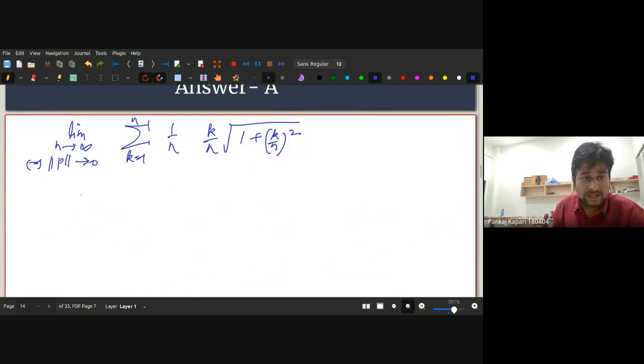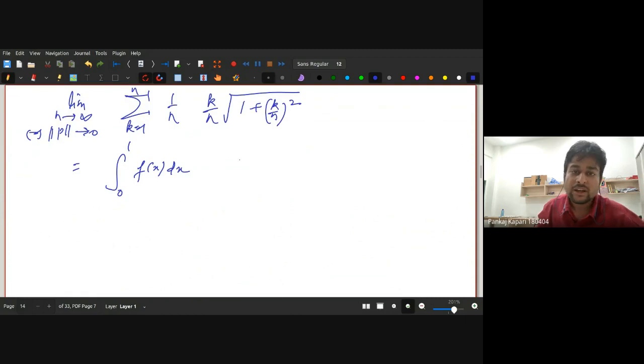Now we realize that this summation is the Riemann sum of a function which is integrable. Therefore, this limit must be the integral from 0 to 1 of that function f of x dx. So this is our limit. Now, what is our function? It is x times the square root of 1 plus x squared dx.